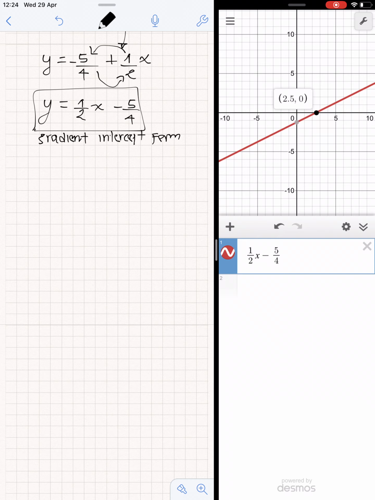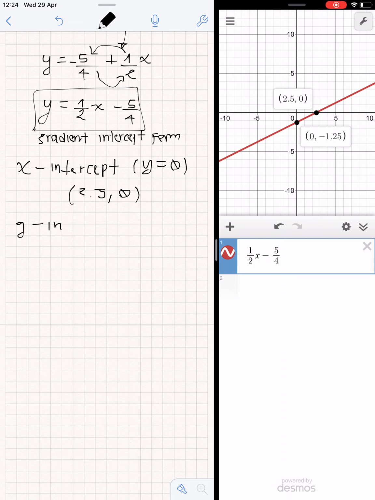That is the x-intercept. The x-intercept is going to be 2.5, comma 0. Remember, we can find the x-intercept when the value for y is equal to 0. And we can find the y-intercept when the value for x is equal to 0.